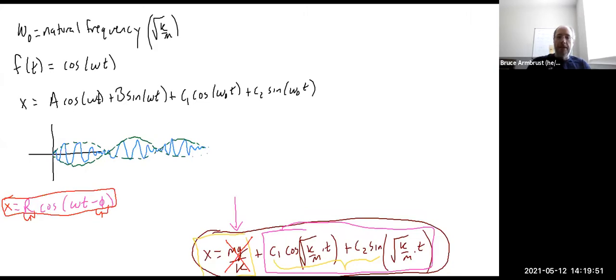But specifically, where we've seen this in physics, it was with what we call beats. Do you remember that term? Maybe, hopefully. So these are called beats.